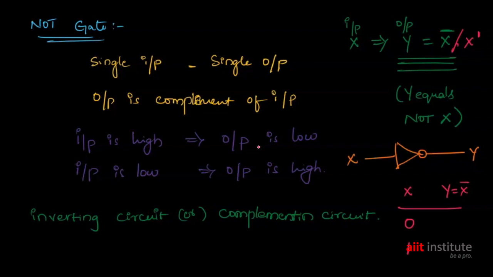As per the realization of the NOT gate, since y is the complement of x, if the input is 0, the output will be 1, and if the input is 1, the output will be 0. So this is the truth table for the NOT gate. Now as we understood how the NOT gate works, let us now look at the OR gate.